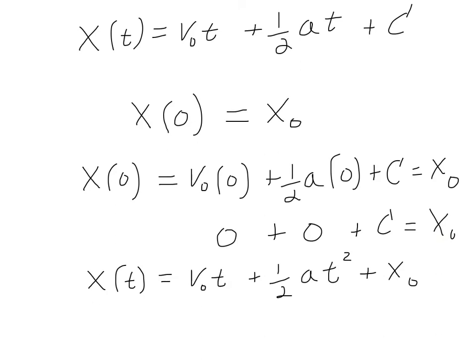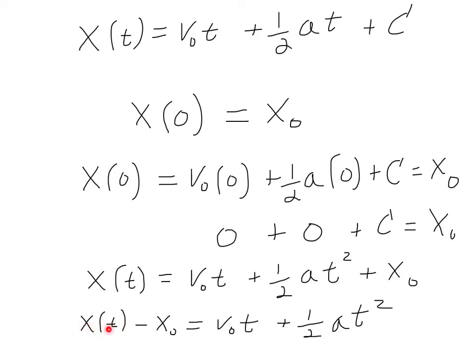And so we can put x naught in for c in our original equation, which gives us finally this familiar expression, where x of t minus x naught equals v naught t plus 1/2 at squared. Now x of t, remember, is the position at time t, also known as x final, or just regular x on the page 21 equations.